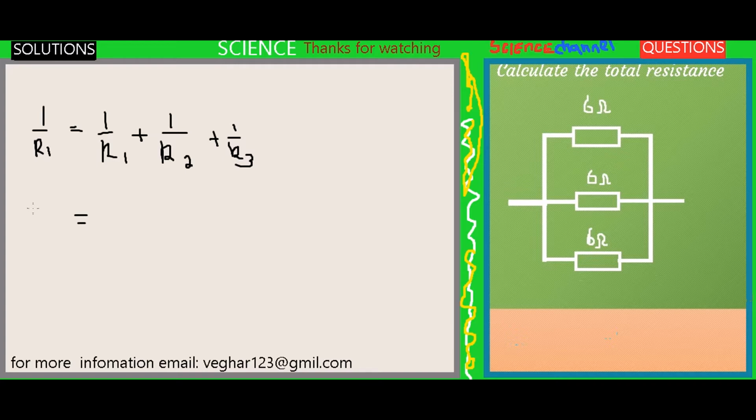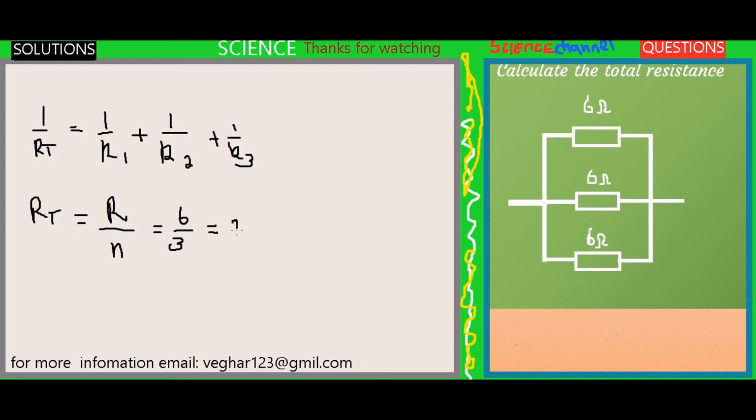To calculate, I prefer this one because they're identical resistors. You just divide, you have 6 and they are 3.